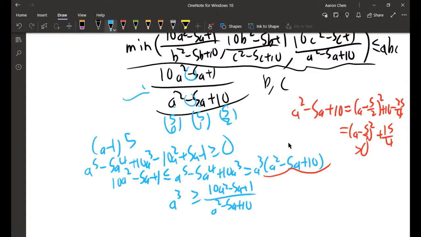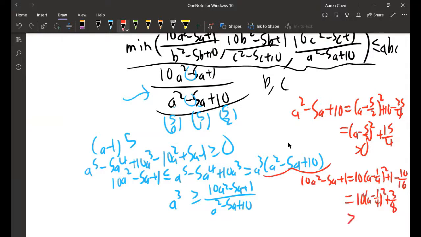And now we can see that this is quite similar to this. And now we also have that 10a squared minus 5a plus 1 is equal to 10 times a minus 1/4 squared plus 1 minus 10 over 16. And this is just equal to 10 times a minus 1/4 squared plus 3/8.